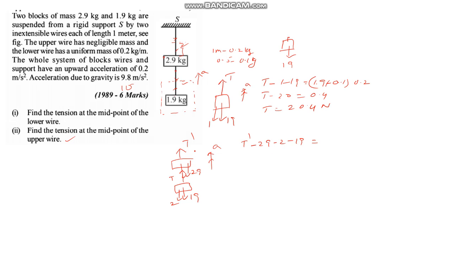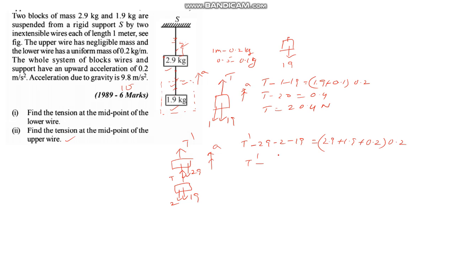Which mass do we have to consider? The whole mass: 2.9 plus 1.9 plus the whole 1 meter mass of this wire, which is 0.2, into acceleration, which is 0.2.